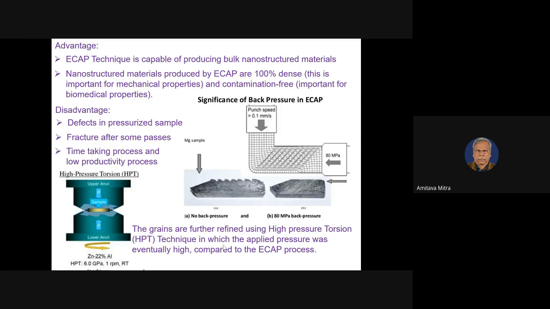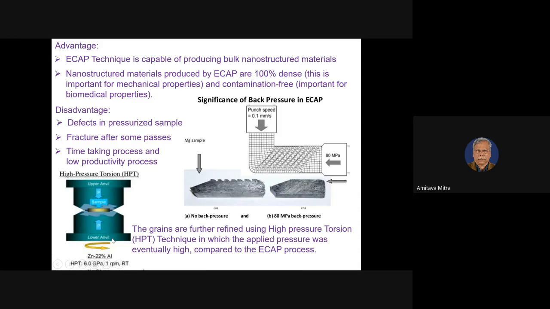But in this case also, you can understand it is not able to produce large materials, only small materials, but the number can be high. And here also there is a limitation: we cannot give pressure more than the yield stress of the anvil. So there is also a limitation of this technique.